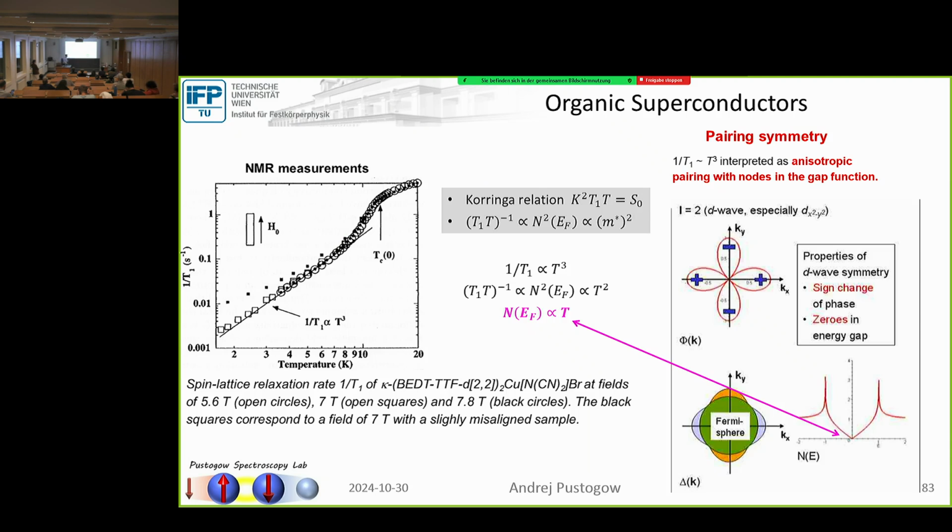If you have a d orbital, you have this negative and positive sign of the wave function. We call it d-wave superconductivity because this would be x squared minus y squared symmetry. So along the x and the y direction, we have large amplitude, and along the diagonal, not much.